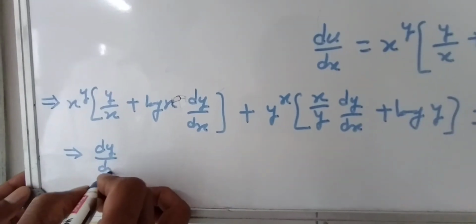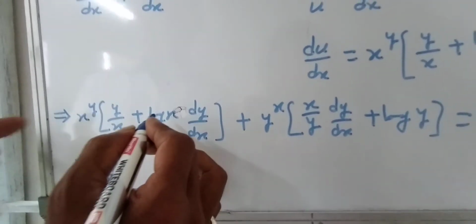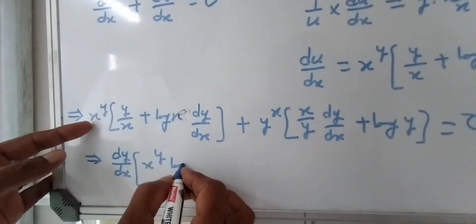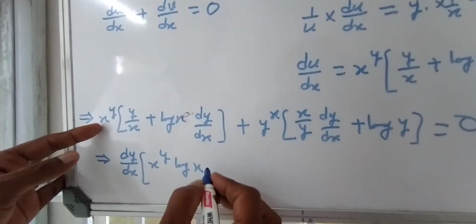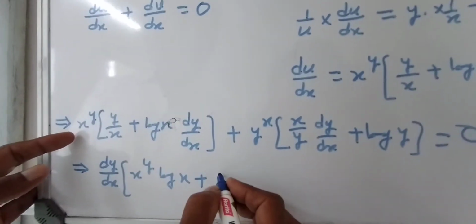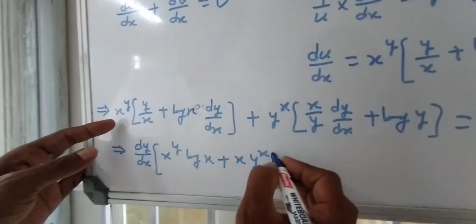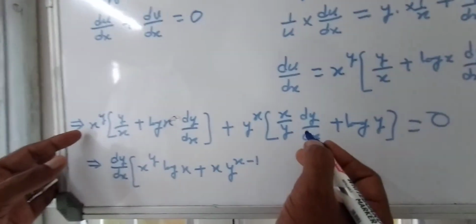Dy by dx is common, so x to the power y log x, and from here plus x y to the power x minus 1.